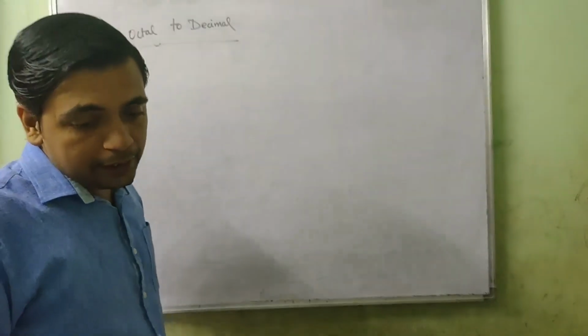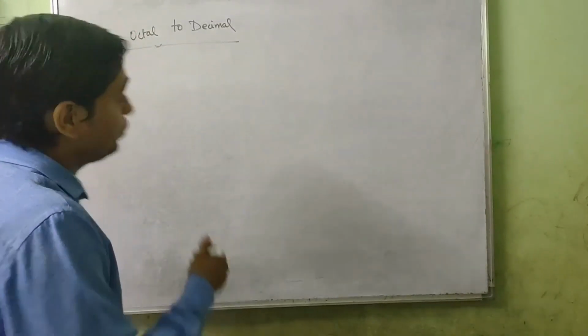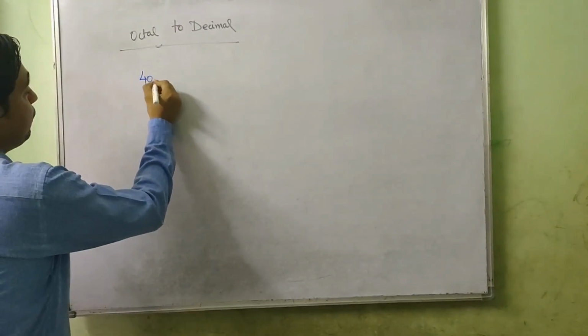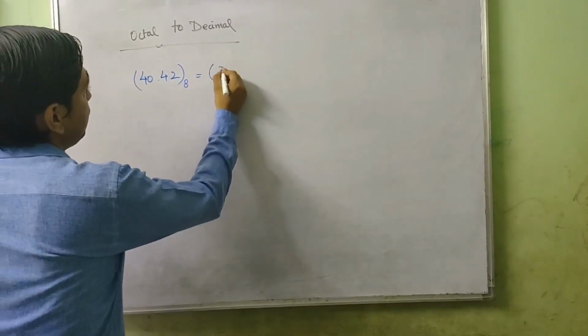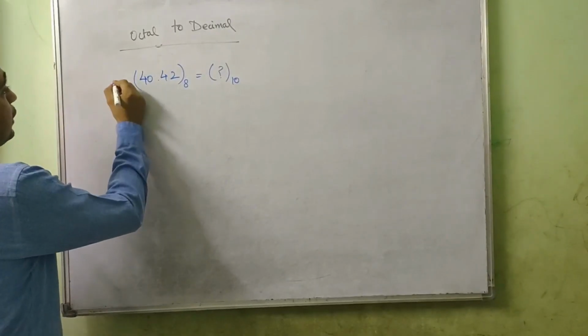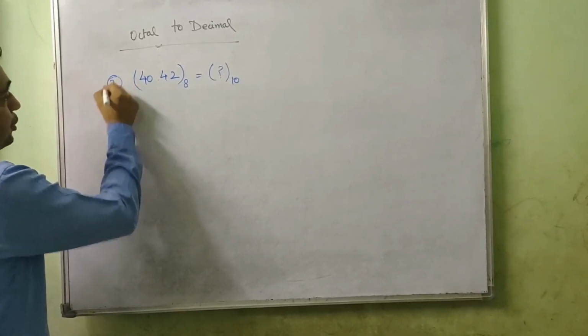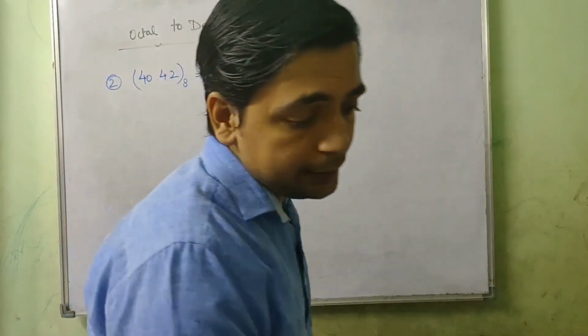So let's see. We are converting octal to decimal, and the octal number is 40.42. What will it be in decimal? So this will be our second question.